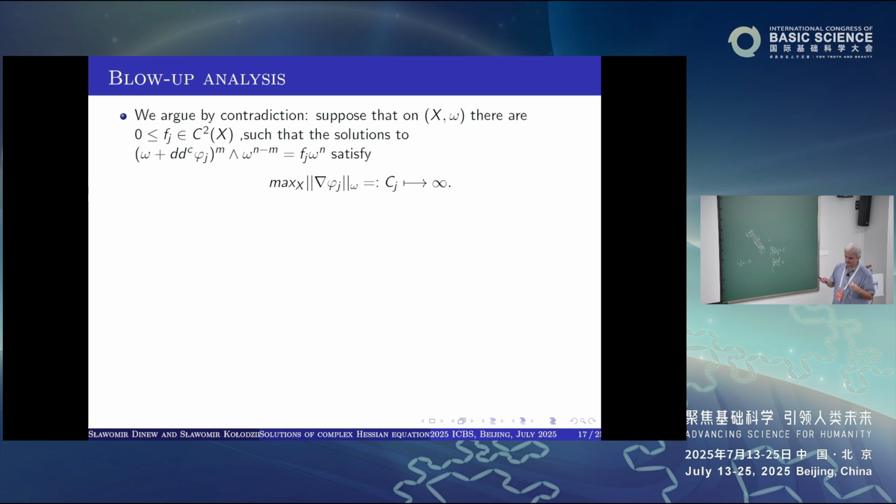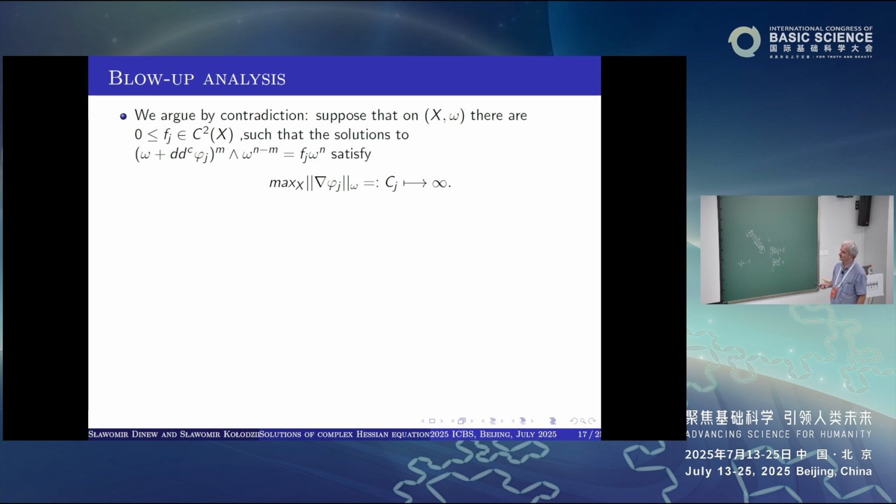Now I will recall a bit what is this blowing up analysis, which is used to finish the proof of Calabi-Yau. Namely, suppose we do not have C1 estimate. This means that we have a sequence of functions which are C2, such that they satisfy... Okay, so we consider the right-hand sides of the equation.